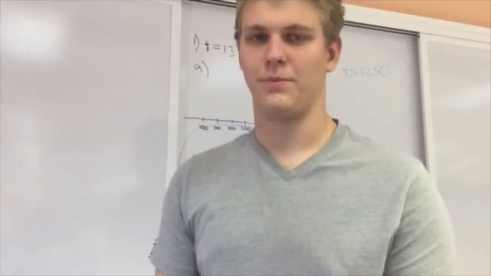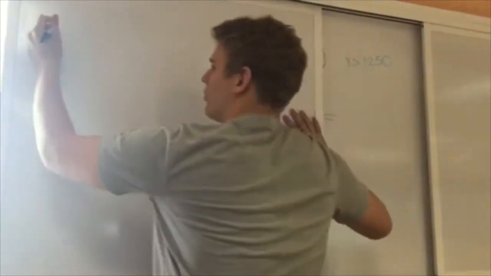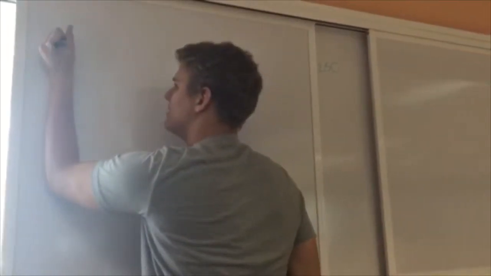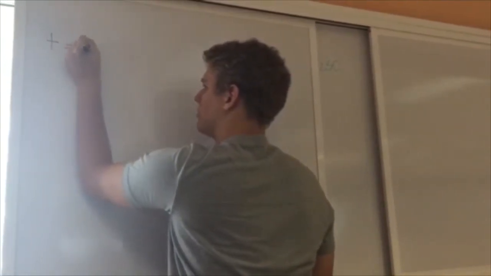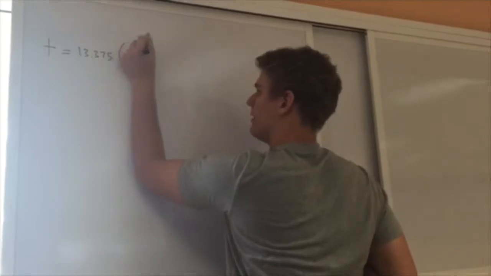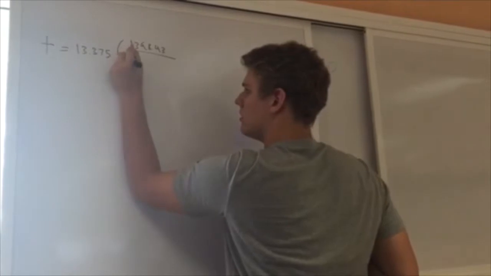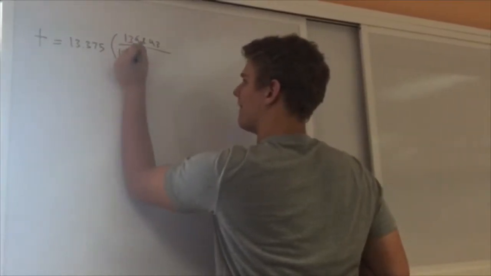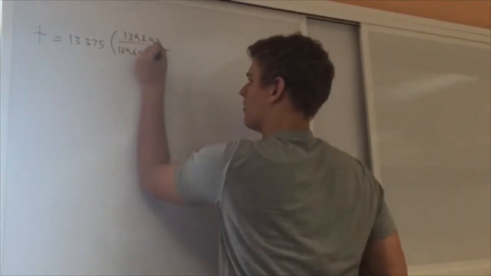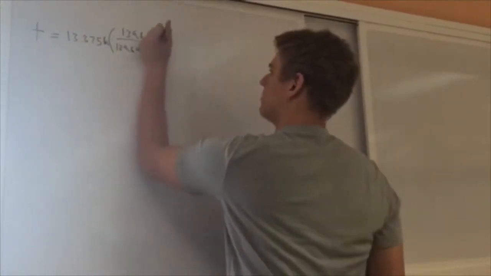Part B is to replace the number 1,398.3 into the equation to get the total amount paid. So you'll do this. T is equal to 13.375, and you're going to replace the number 1398.43 over the natural logarithm.